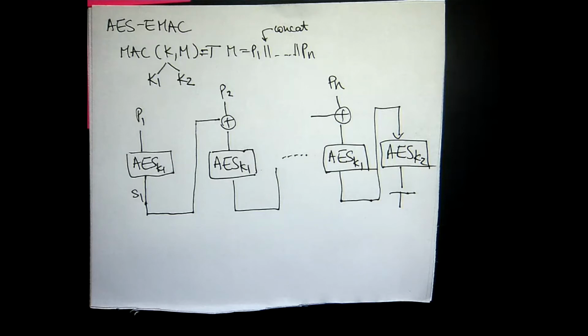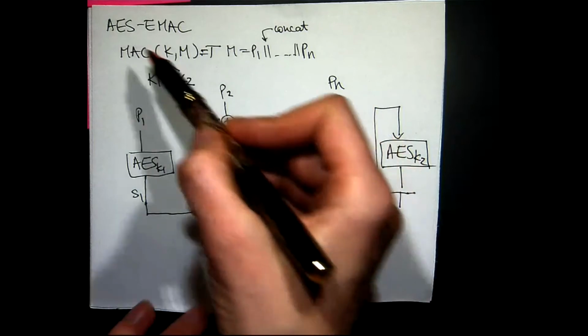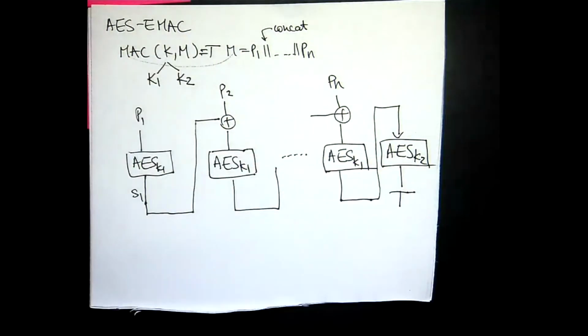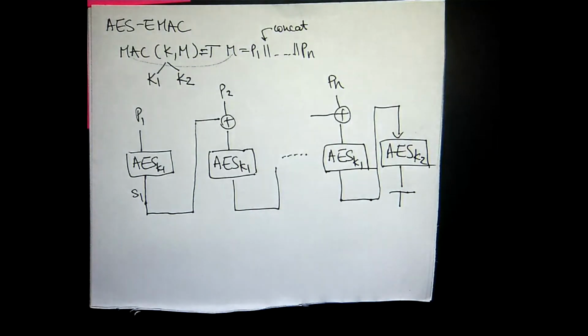Remember from hash functions, something is not collision resistant if an attacker can find two messages that hash to the same value. So if for a moment we look at this MAC as a hash function, is it collision resistant or not?